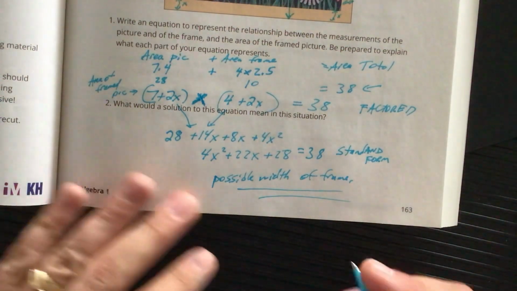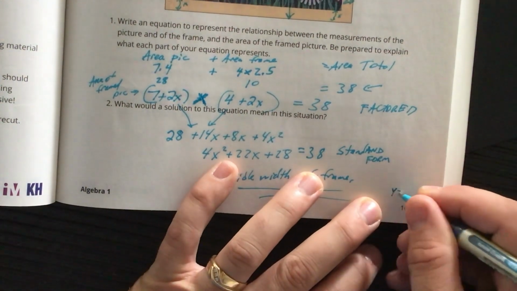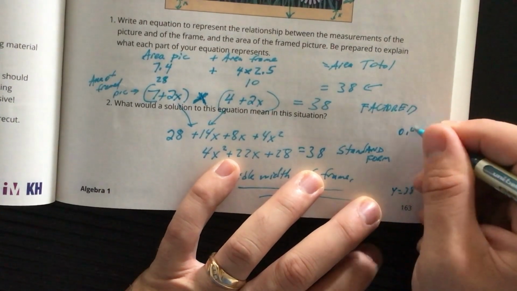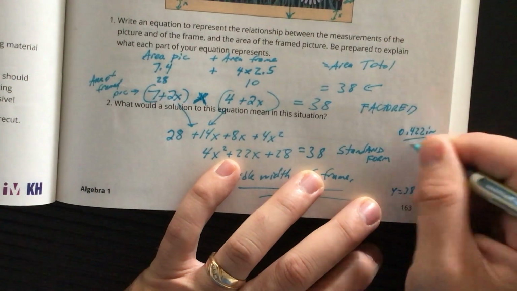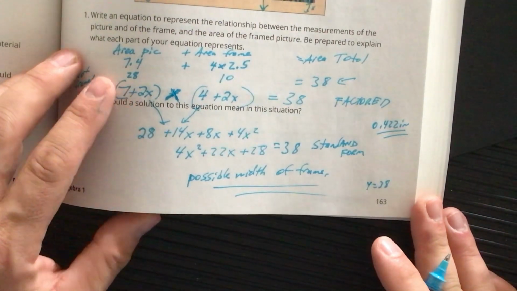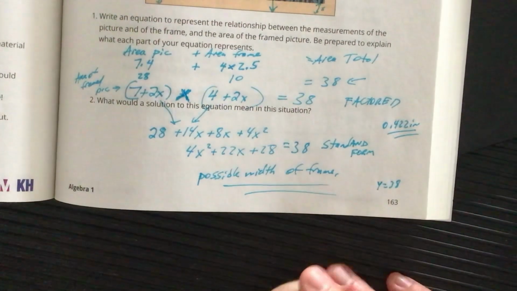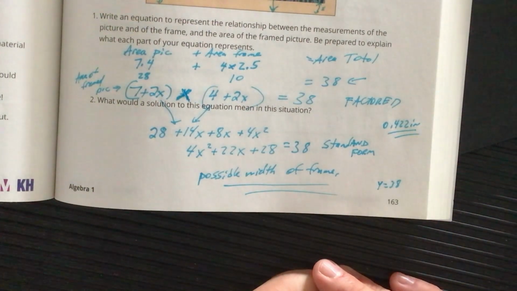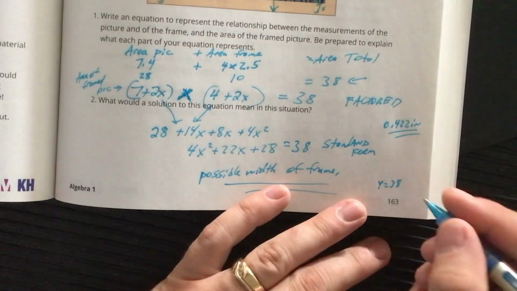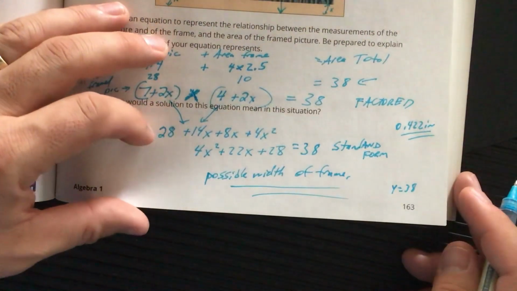Strang, you got an x value? 0.422. So I don't care again about the negative one, I only care about the positive. So 0.42 inches is how big that frame would be. It's not asking you that, again, that's just what we decided to go for.